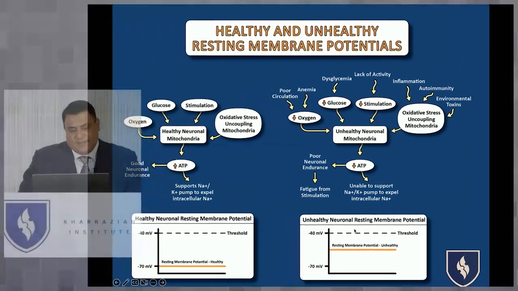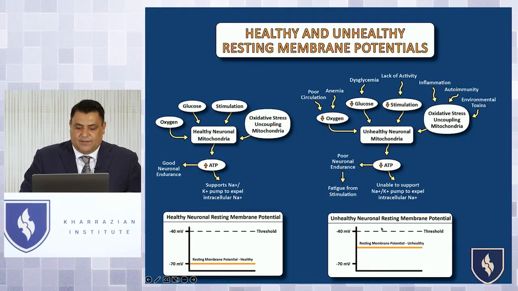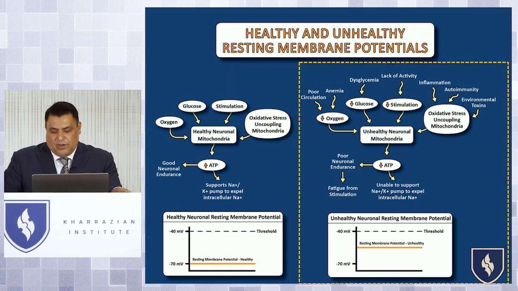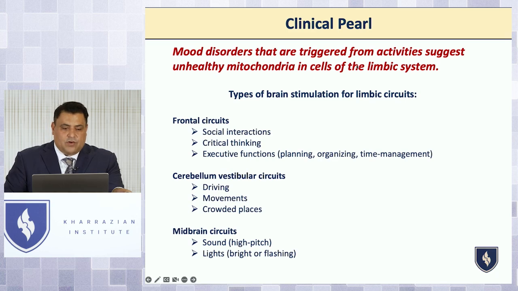You can see that shining a light in their eye can cause them to have anxiety all of a sudden, and they start tearing, and their brain gets tired, and it's just a major problem. So anytime you see mood disorders that are triggered from activities, that suggests unhealthy mitochondria in cells of the brain.